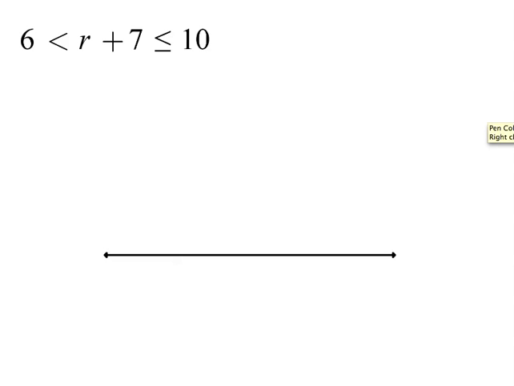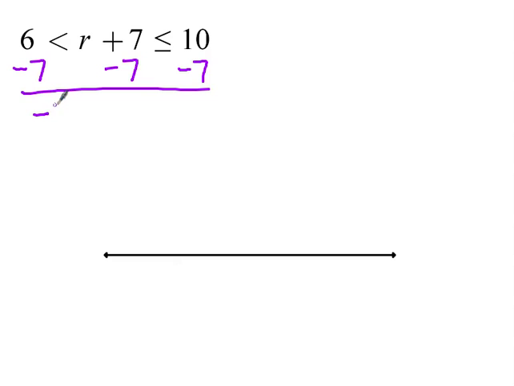Okay. So what am I going to do to solve that? Get rid of the 7. So what am I going to do? Subtract 7.